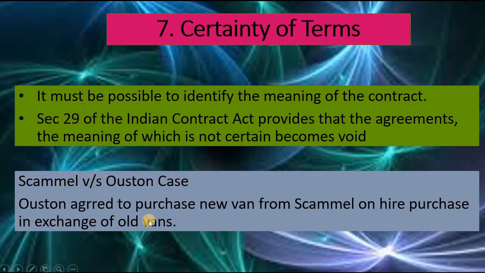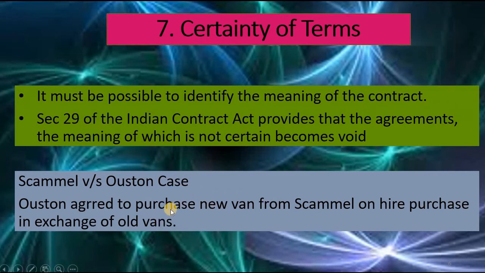In this particular case, the terms were like this. Outston agreed to purchase a new van from Scammell on hire purchase in exchange of old vans. Its terms are uncertain.